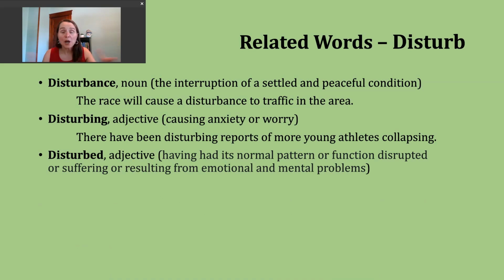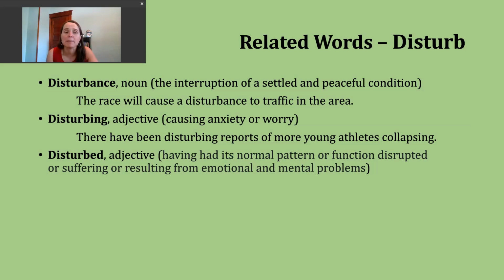So something that I hope will help many of you is whenever we have an adjective with ing, we're describing something that causes the particular feeling. So the adjective disturbing means that we are causing anxiety or worry.